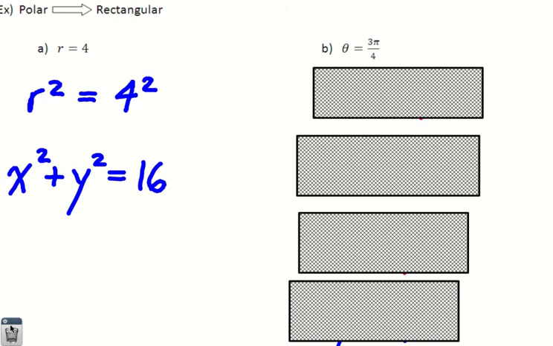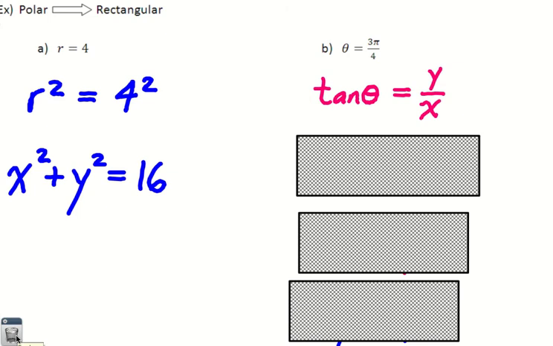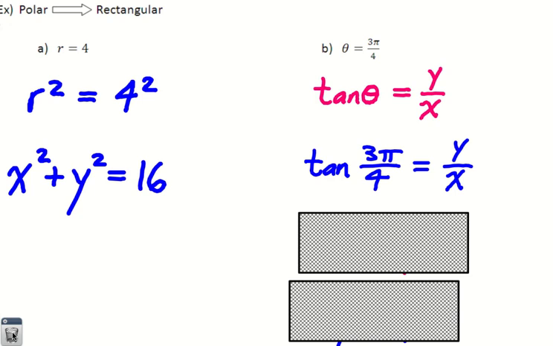Example B, how do we change something that's just theta in terms of x's and y's, or one or the other or both? This is how we're going to do that. We're going to say, well, the tangent of theta equals y over x, and the equation says that theta is literally equal to 3 pi over 4.